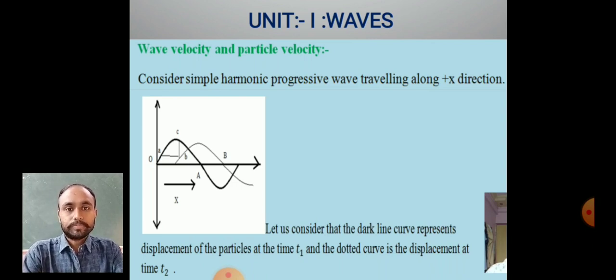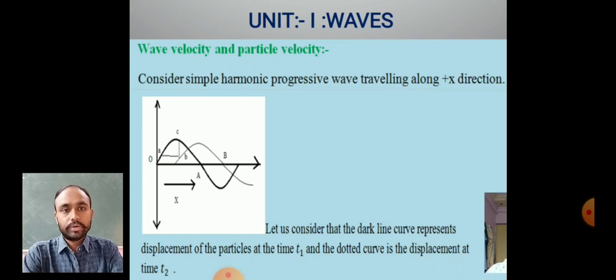Now here we have drawn two different waves in the diagram. One is a little dark, and the other is faint, or dotted. Let us consider that the dark curve represents the displacement of a particle at time t1, and the dotted curve is the displacement of the particle at time t2.